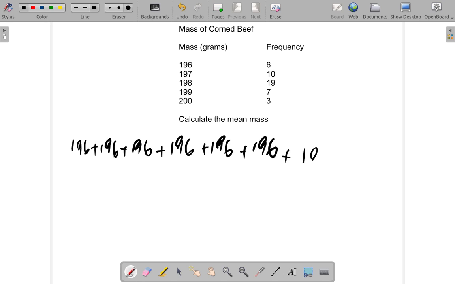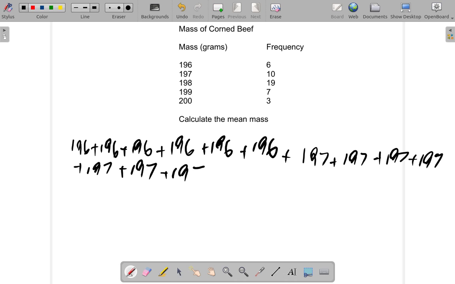So you would have 10 of them that each has a mass of 197. So what you would have is 197 plus 197 plus 197, plus 197, plus 197, and so on, plus 197 grams, plus, and then you have 19 of them with a mass of 198.